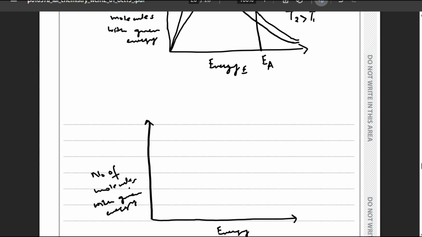On the y-axis, the number of molecules with given energy, x-axis energy. If you can draw again.